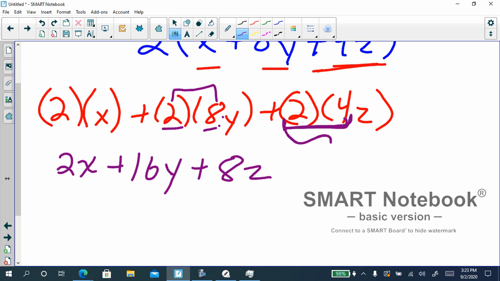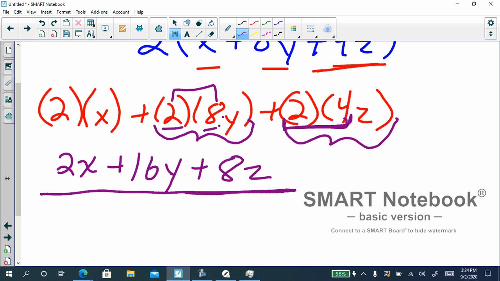Since all of that is a product, we can multiply the numbers together and then the letter. None of those terms are alike because they have different variables, so we can't put any of those together.